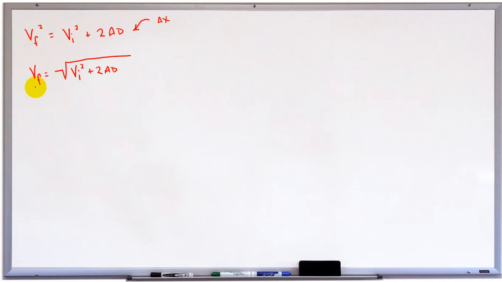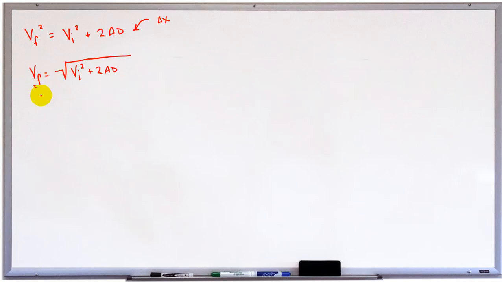Because if I want to isolate this velocity by itself, I'm going to get rid of this square by doing a square root to the other side. So I'm going to square both sides. And now I've got velocity final is equal to the square root of velocity initial squared plus 2 times a times d. And I'm also going to make it a little more user-friendly.